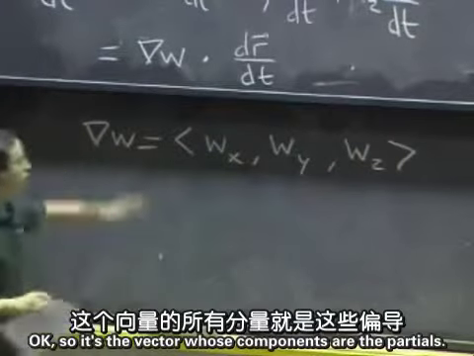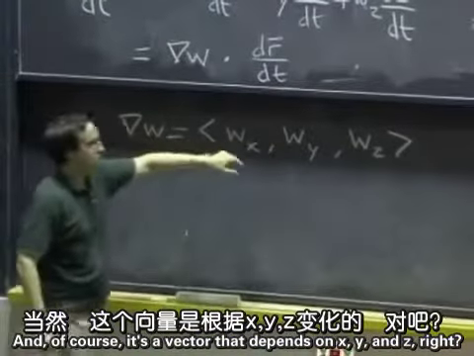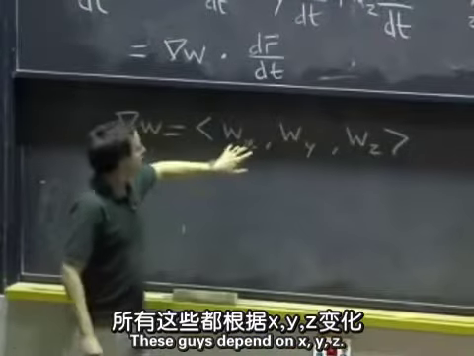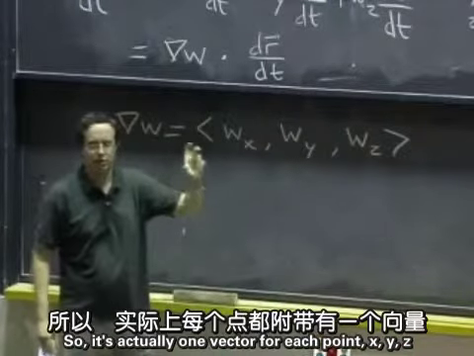So it's a vector whose components are the partials. And of course, it's a vector that depends on x, y, and z. These depend on x, y, z, so it's actually one vector for each point x, y, z.